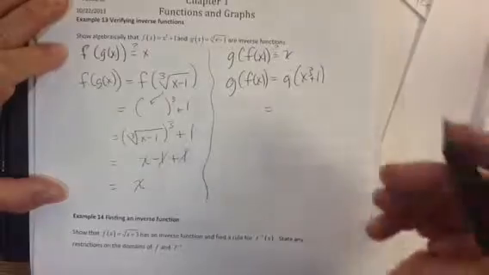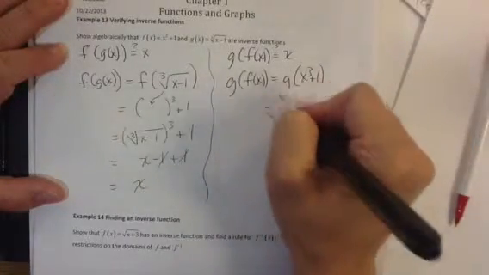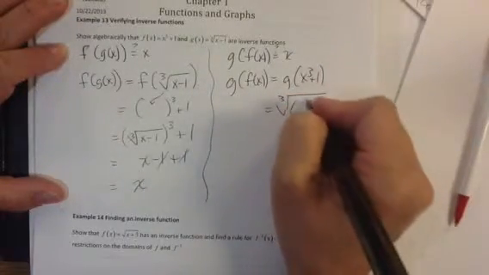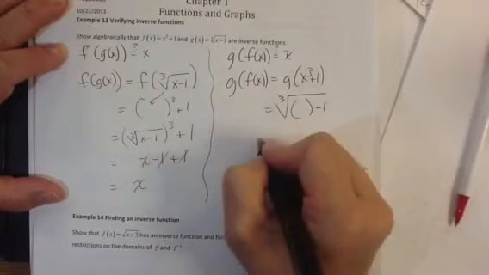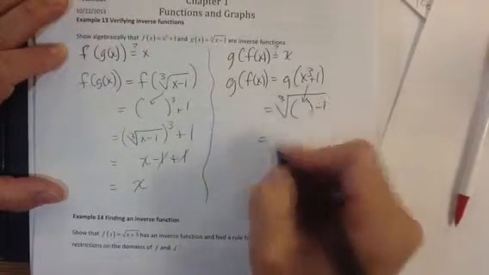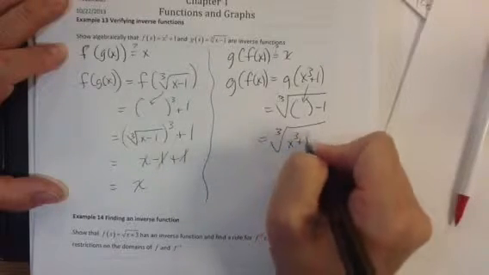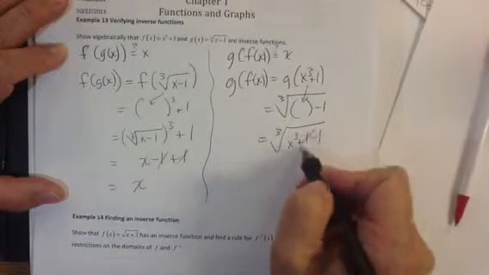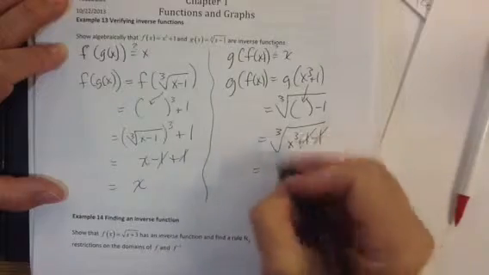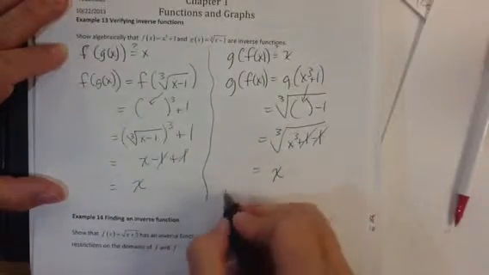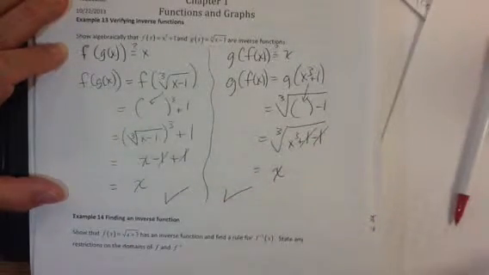According to my g function, that is taking the cube root of whatever my input is, minus 1. So the cube root of (x cubed plus 1) minus 1. Those go away, and what's the cube root of x cubed? It's x. So I have verified that those functions are inverses of each other.